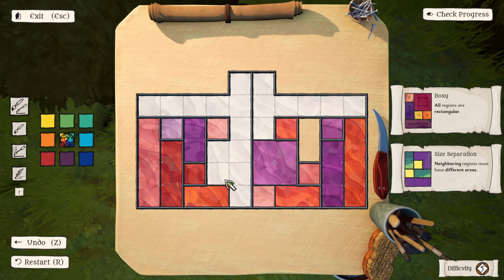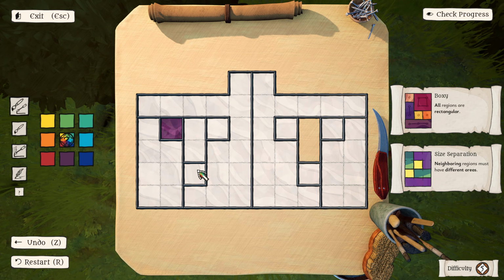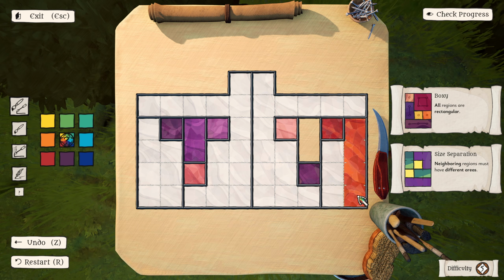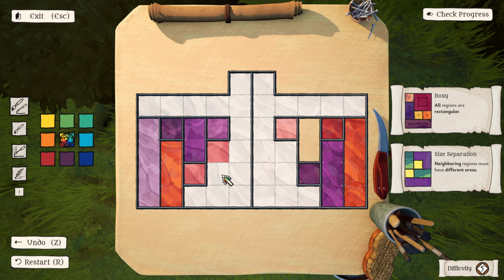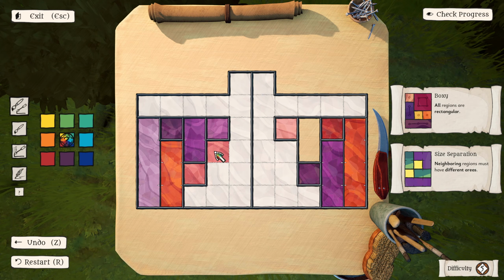I'm so baffled. This cannot be part of a 1 or a 2. So it can't be that. It can't be that. It can't be that.